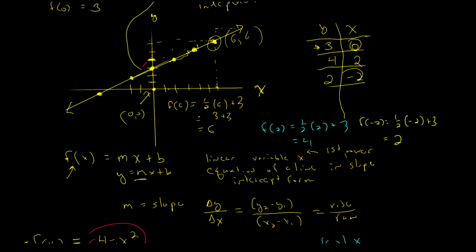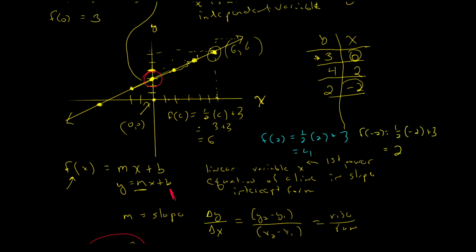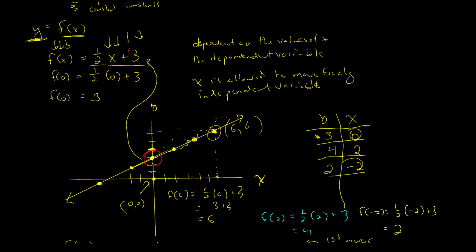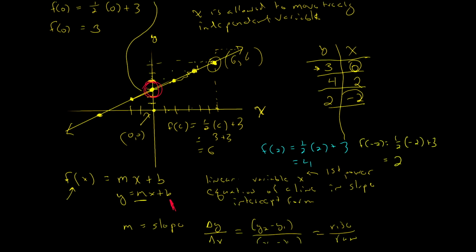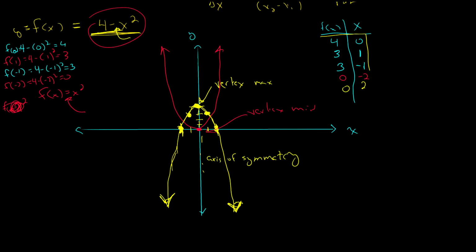We can talk about where it intercepts the y-axis, which is the y-intercept here, which in the case of ours, right, the y-intercept was 3. So when x is 0, it's intercepting at 3. And so we have some information here. For quadratics, right, we get this vertex, and we get a min or a max. And we get this curved behavior from it.